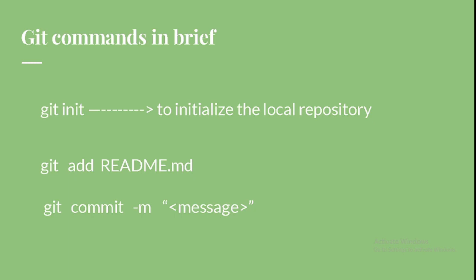The second thing is we need to add readme.md, though it is optional. The readme.md is a file which will tell the description of the project. Then, as I discussed in part 2 of this session, git add is to add the local project, or whatever we have modified or added, into the staging area.